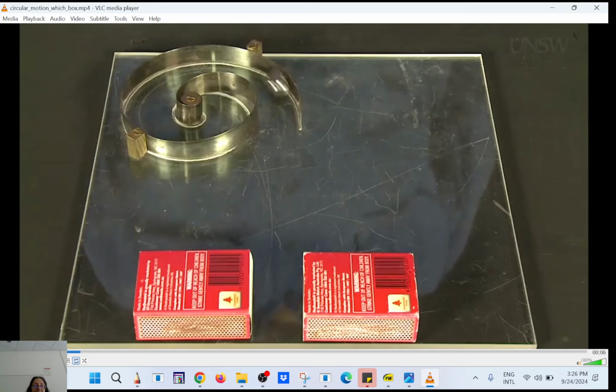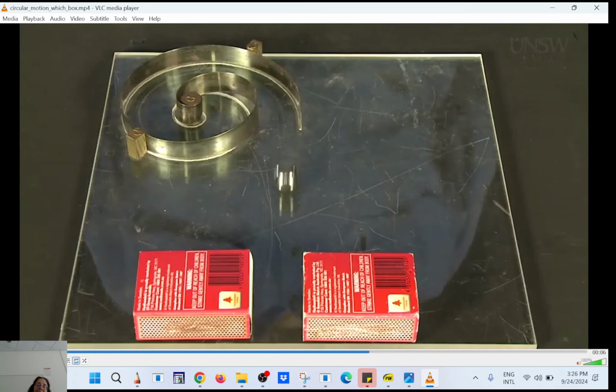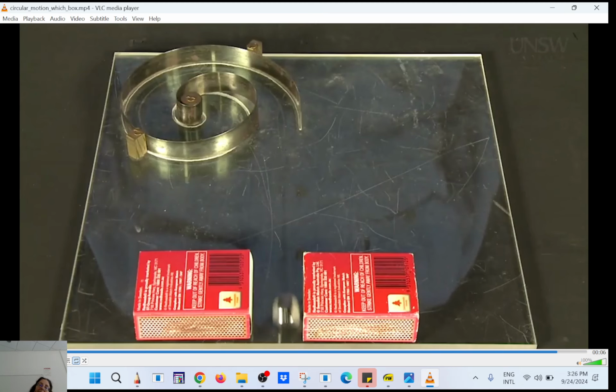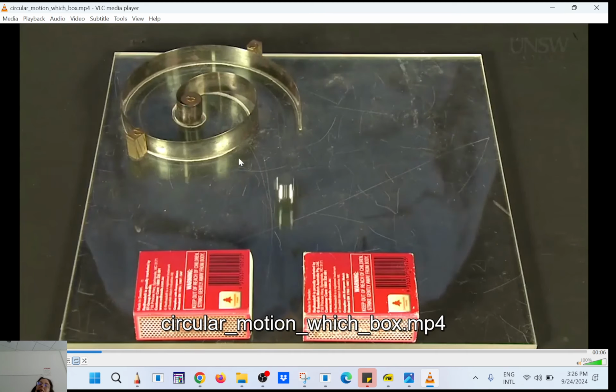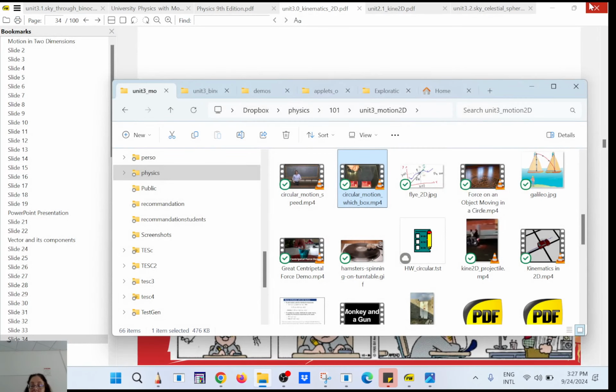Straight line. Exactly. So whatever it was doing before, it wants to keep doing it. The reason it stays on track here is that there is a force from the wall pushing the ball toward the center. So that's a typical question.